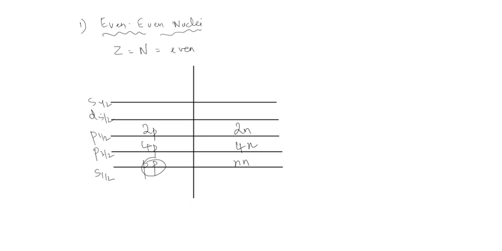So in the case of even nuclei, in all the energy levels, they may not be completely filled. See, D5/2 can accommodate 6 protons. But suppose in my nucleus there are not 6 protons, but definitely there will be an even number. I may have only 2 protons, that's fine, but they will exist in pairs.